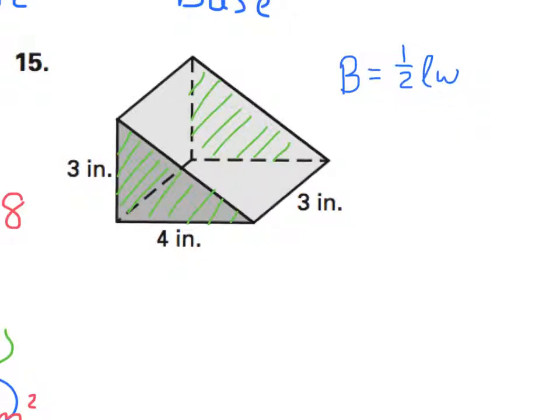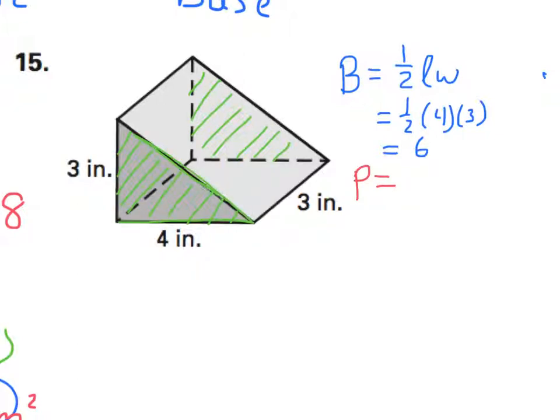Okay, next, I need perimeter of the base. Now please, in this case, the base is 1/2 L times W. So I'm going to say 4 times 3, cut that puppy in half. Don't cut puppies in half, not good. Is a 6. Shh. I'm looking for the perimeter, folks.